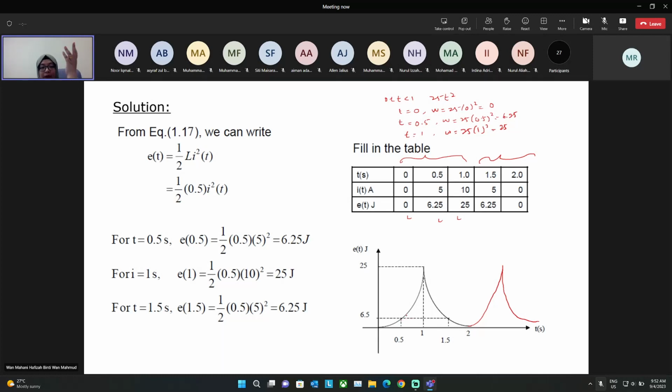Based on the terms, if you're not familiar, you won't know what the T squared graph looks like. For a linear circuit, if it's only T, we know it's linear so it's easier to draw. When it involves T squared and T cubed and beyond, if you're not sure of the shape of the waveform, substitute any value, provided you substitute into the correct equation. This is the first equation. For 1 to 2, the second equation. For 2 to 3, the third equation. For 3 to 4, the fourth equation.